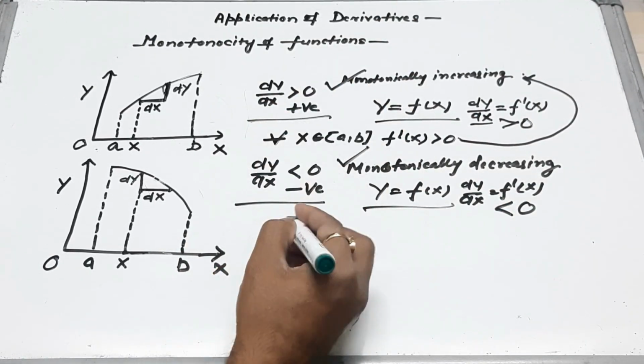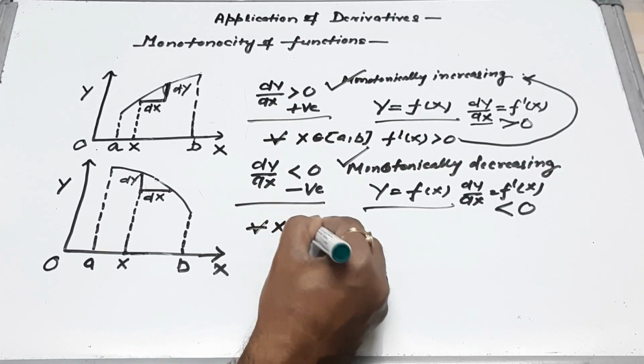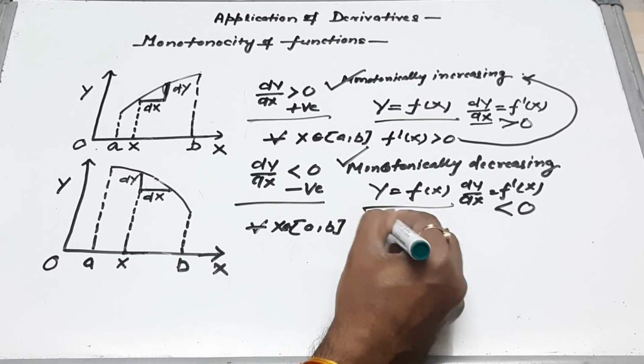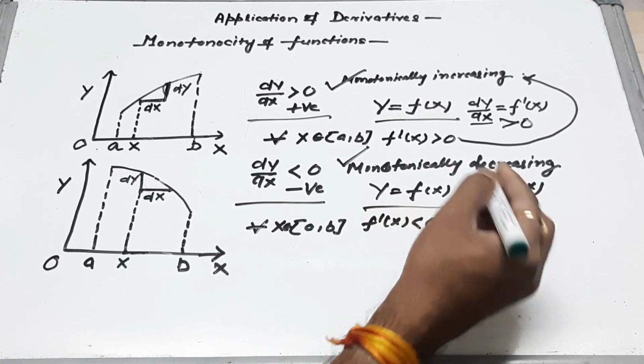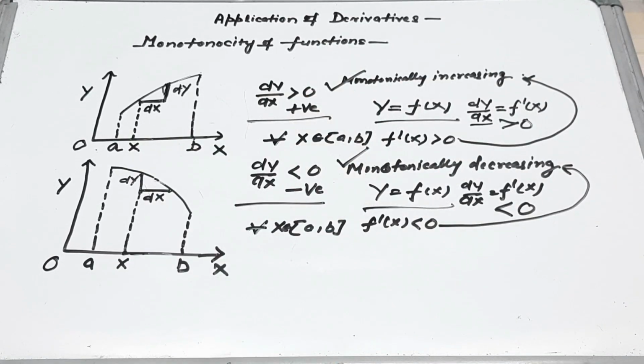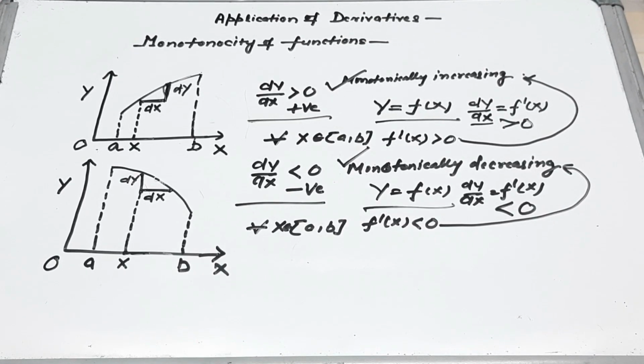Similarly, in mathematical formulation, we can write for every x belongs to the closed interval [a, b], if f dash x is less than 0, the function is monotonically decreasing. This is the definition of monotonicity and the condition for checking the monotonicity of the function. Here I have taken a monotonous function. Correct? Now we will see the mixed function.